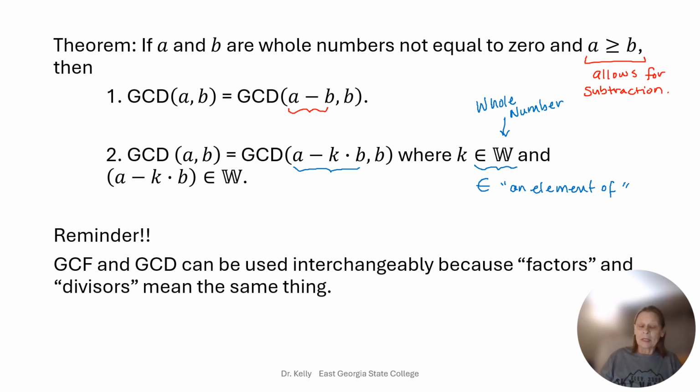Doesn't necessarily mean it's always going to be a prime, but it has to be a number you can no longer subtract from. And I want to remind you again, the words greatest common factor, GCF, and greatest common divisor, GCD, mean the exact same thing, because factors and divisors mean the exact same thing, and they're going to be used interchangeably.